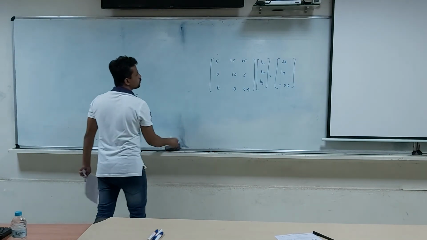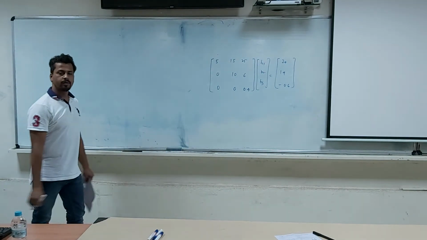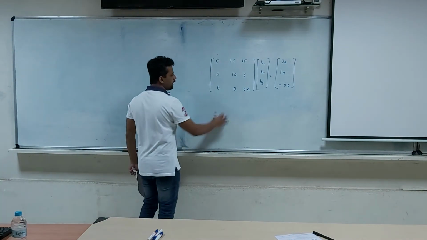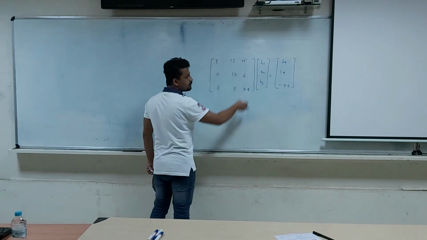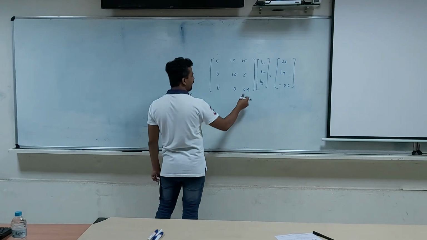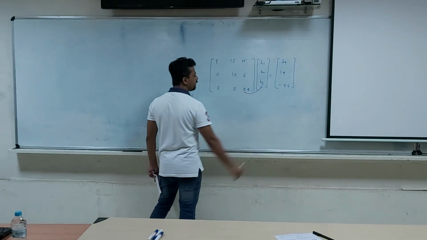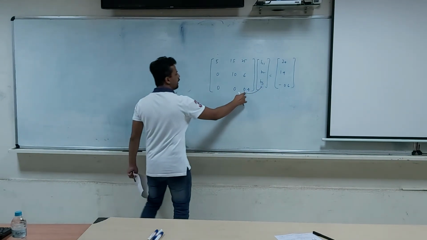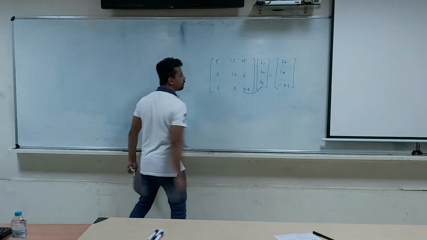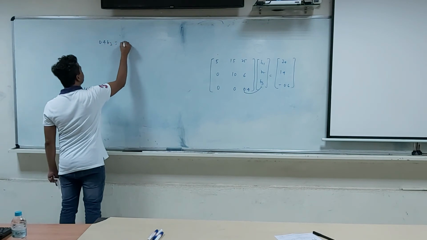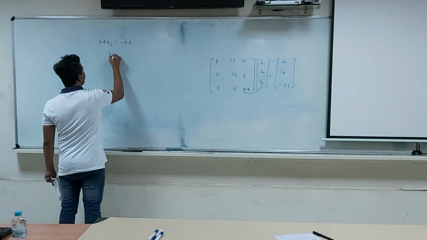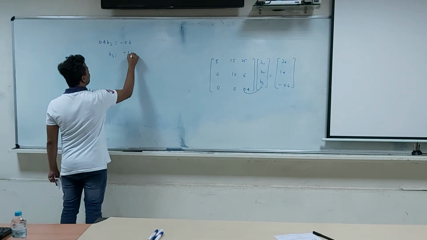So now it can be easily solved. Let me erase all of this and get to the final equation. So I have this as final terms. We'll look at row 3 now. Row 3 multiplied by this column vector, I'll have only 0.4 times b3, right. So 0.4 b3 must be equal to minus 0.6. If you solve this it will become minus 1.5.